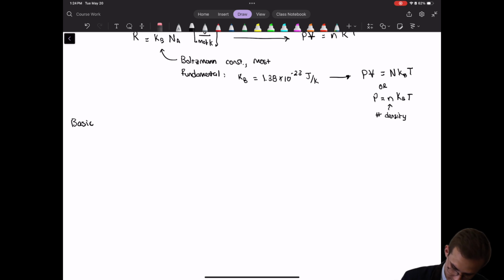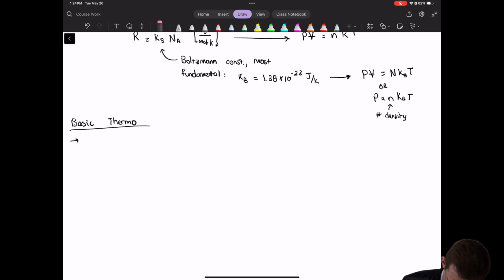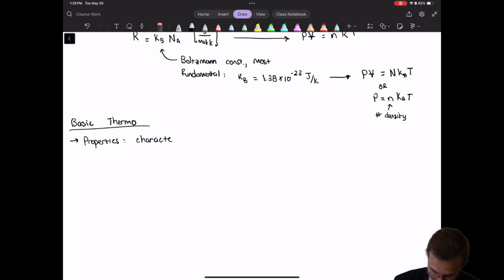Okay, so let's go over some basic thermo. Let's really ground ourselves and go back to the basic concepts of thermodynamics, and talk about the definition of properties. Properties are characteristics that describe a state.